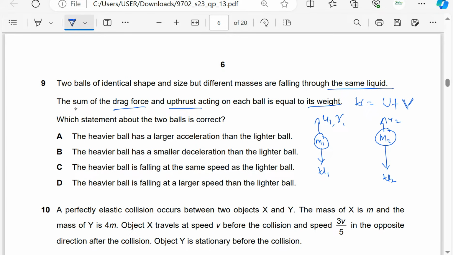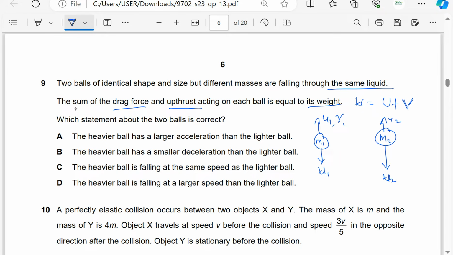They say they have different masses and are falling through the same liquid. The sum of the drag force and the upthrust acting on each ball is equal to its weight. So when I sum up the upthrust and the drag, I get the weight for both.